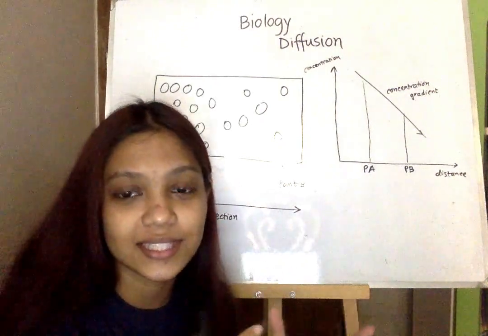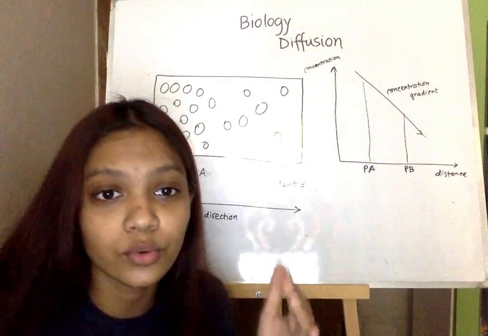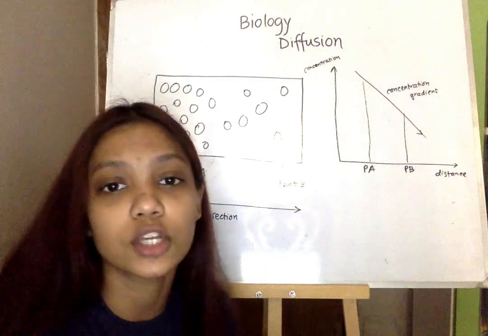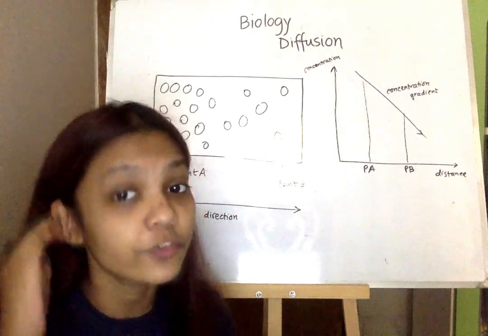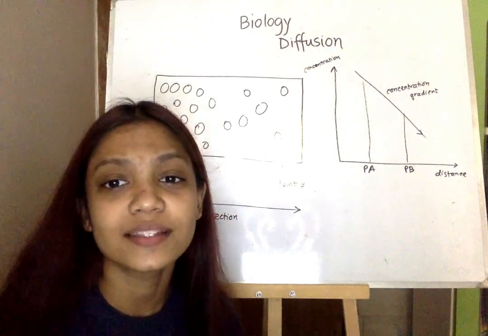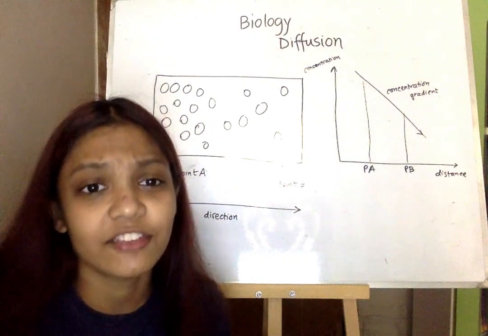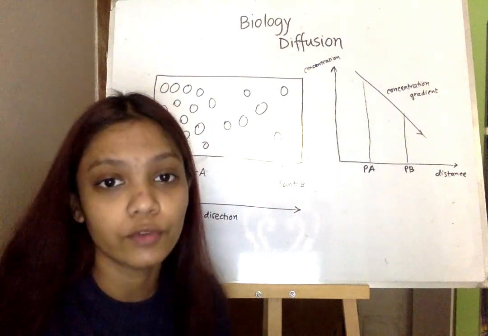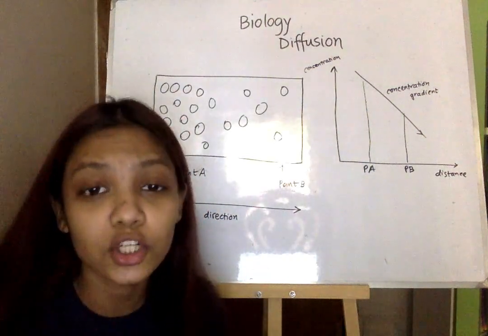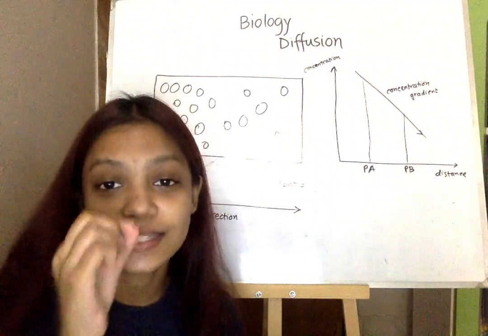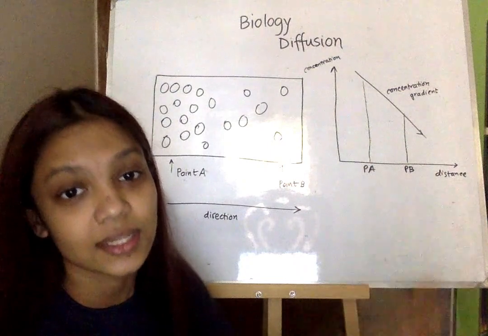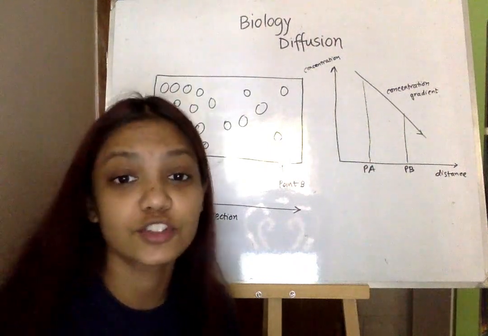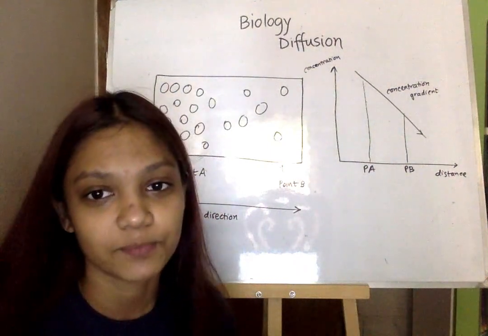So the difference in concentration between the 2 regions is known as the diffusion or concentration gradient. And it is important for us to understand that the steeper the gradient is, the faster the molecules will move. This is an important rule for diffusion: the steeper the concentration gradient for a substance, the faster the rate of diffusion will be for that substance.